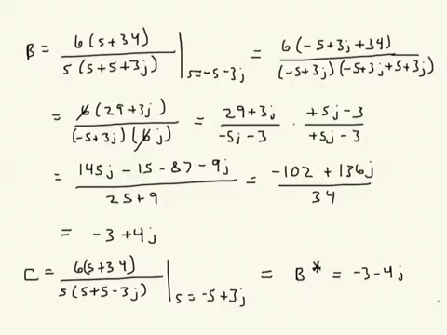Okay, so I now have simple equations for B and for C, and now I can take the inverse transform. I do want to do one more thing that's going to help me out a little bit. I first want to write B and C in their polar form. So B is equal to minus 3 plus 4j.